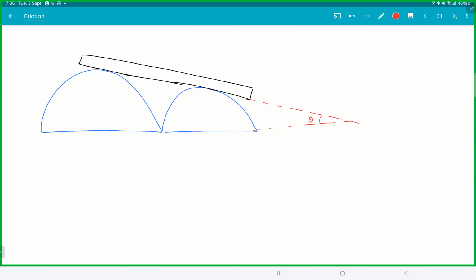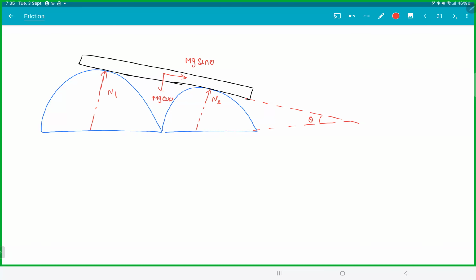It's kind of like an incline. So if you look at the forces here, this guy would be mg sine theta. This guy would be mg cos theta. This guy would be the normal reaction, let's call it N2, coming from the center. This guy again from the center, normal reaction N1. Every point in contact will have a normal reaction.